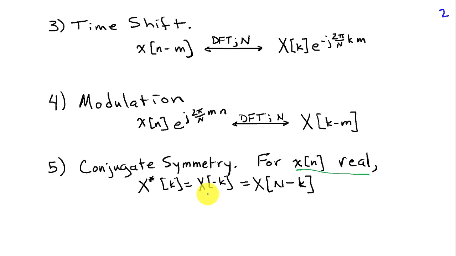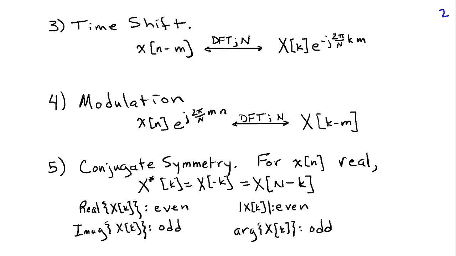And in this case, because X of k is N periodic, this also implies that X conjugate of k is equal to X of N minus k. These other relationships will apply particularly in the case where we're only working with one period of X of k, so it's useful to have this one. Now, as a consequence of this relationship, we can say several things about the real and imaginary parts.